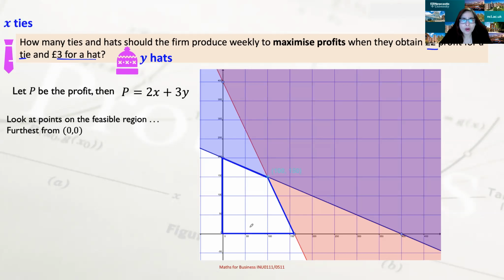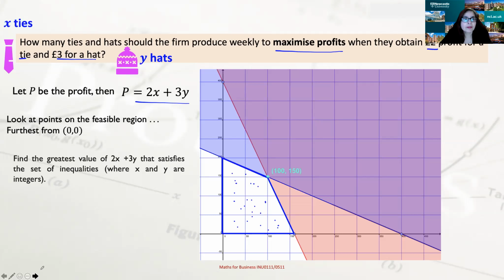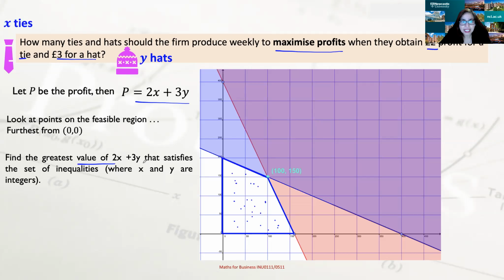So look at all the points on the feasible region. All these points in the feasible region will satisfy both the equations. But you want the maximum profit. And it is a very difficult task to substitute each and every integer point or every data point in the critical region in this equation and find the profit. It is difficult. So the best way to do that is to find the greatest value for this objective function that satisfies a set of inequalities.